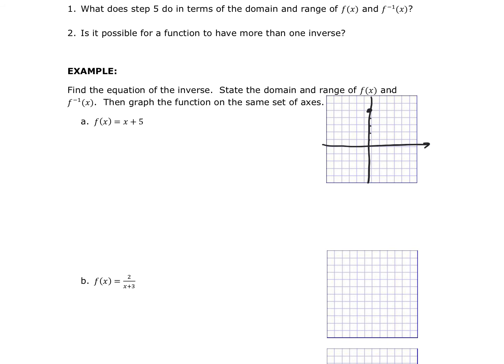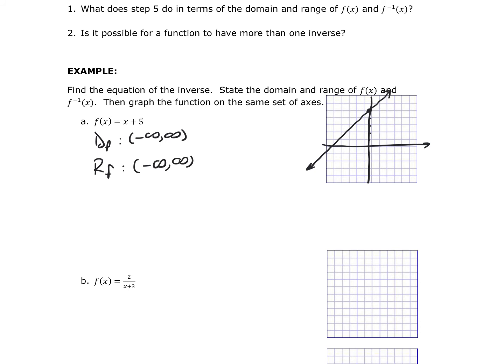Here's where I intercept, and I have a slope of 1. So this is mx plus b, just as a nice refresher about lines. So it has a y-intercept of 5, and has a slope of 1. Now you can see on my graph, because this is linear, the domain of f is going to be negative infinity to infinity, and the range of f is going to be negative infinity to infinity because it's a line.